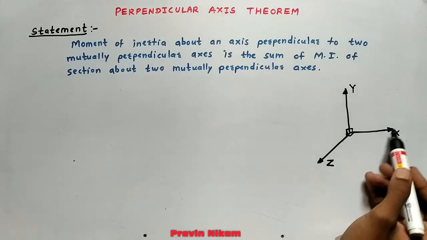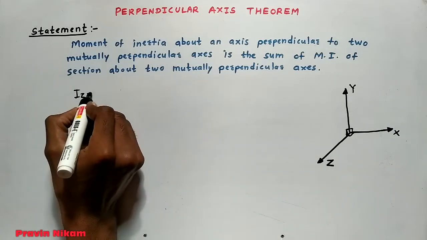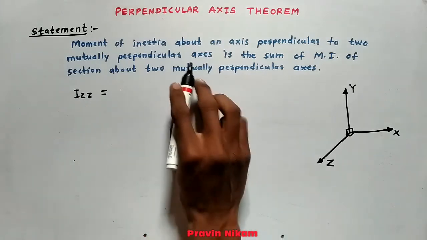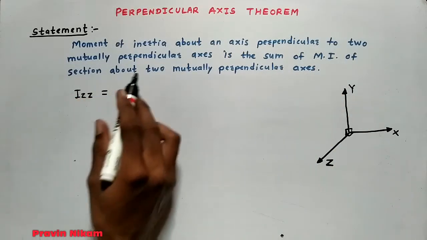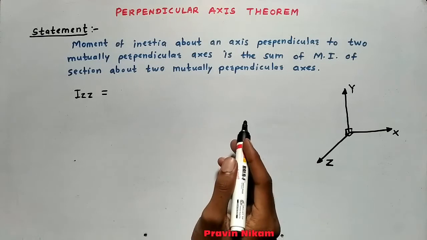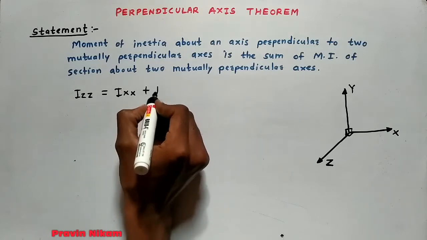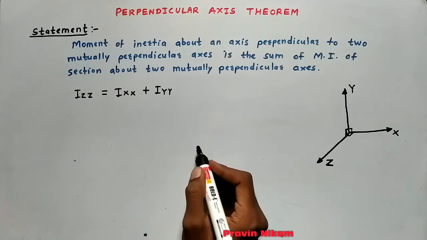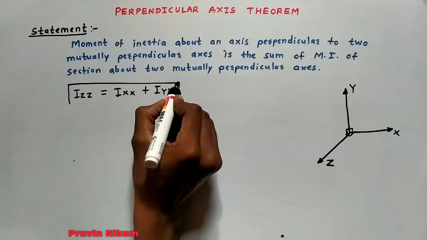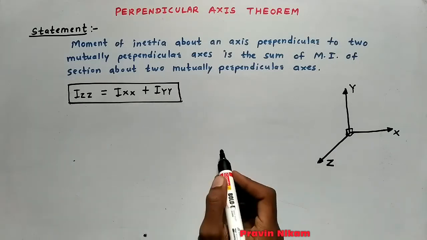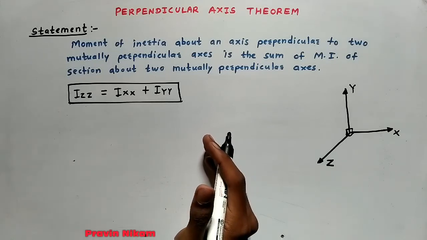So Izz is equal to the sum of moment of inertia of the section about two mutually perpendicular axes. That is Ixx plus Iyy. So this is the mathematical statement of perpendicular axis theorem.